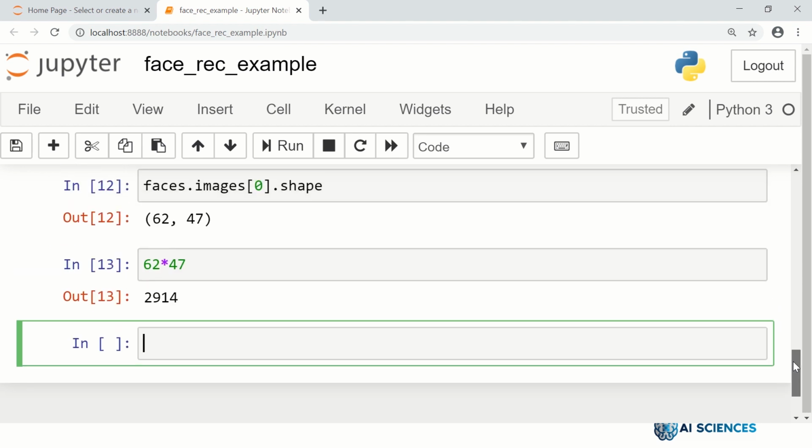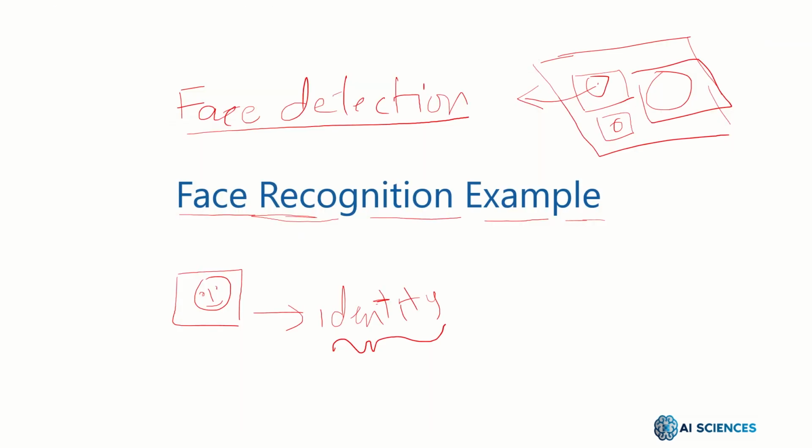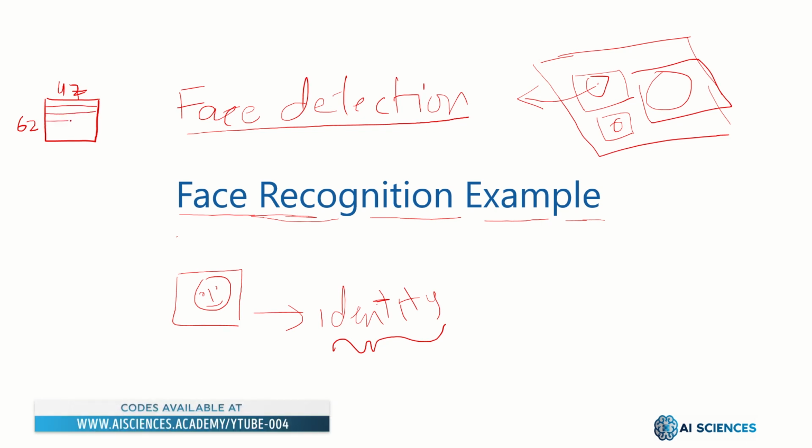What I'm trying to say is that if an image is given to you, and that image is 62 by 47, then you have one row with 47 numbers, then another row with 47 numbers, and so on. Each and every number is actually a feature.